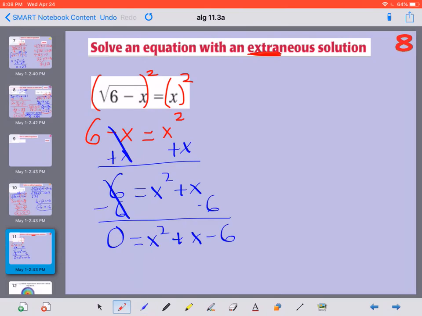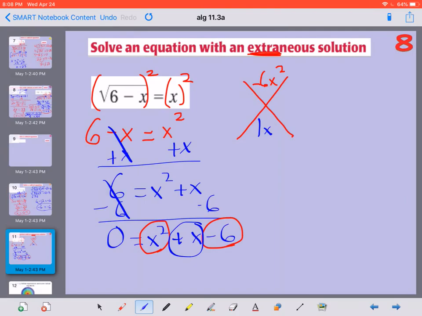Now, if you think back to chapter 9, we have seen this before. This we're going to factor. So the first thing is x squared times negative 6, which gives me negative 6x squared. Then the bottom is plus x, so this is going to be a 1x.